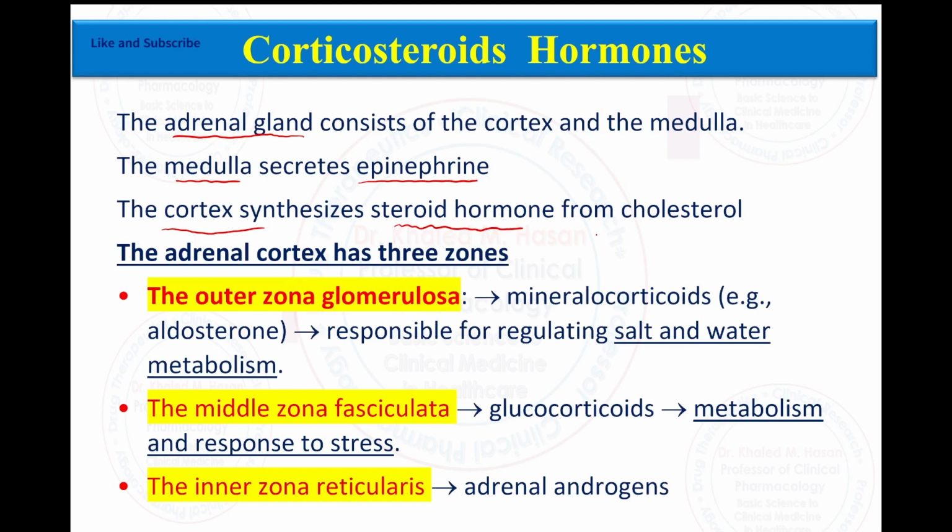According to the cortex layers, we have the outer zone, then the middle zone, then the inner zone. The outer zone is responsible for secretion of mineralocorticoids, and the main hormone produced from the outer zone is aldosterone.